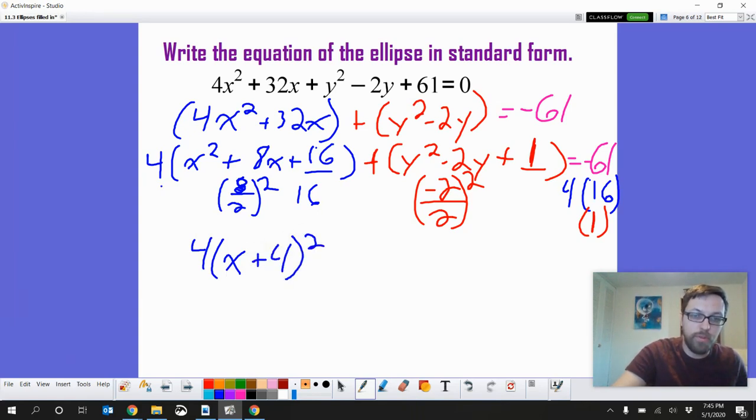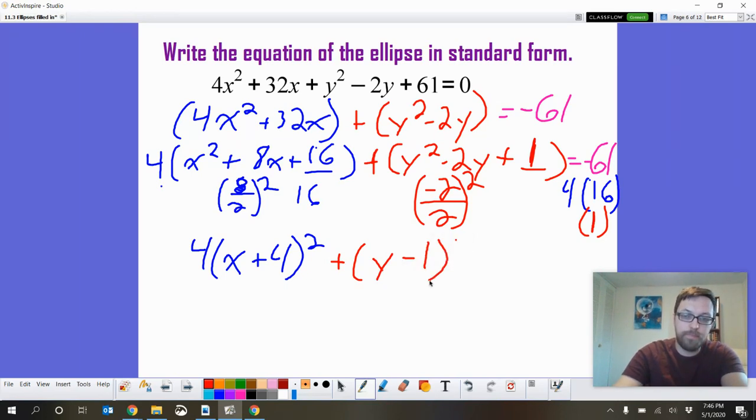So it's x plus 4 squared, plus the other piece, which is y minus 1 squared. And then on the end here, we've got negative 61 plus 4 times 16 plus 1.